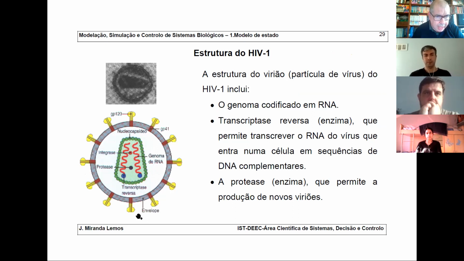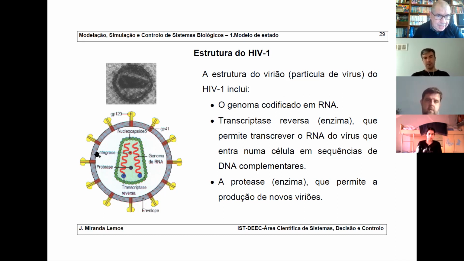You have a capsule, and you have these proteins GP41 and especially GP120, and these proteins allow the virus particle to attach to the walls of a cell in the human body and to enter it, to go through the walls of the cell.